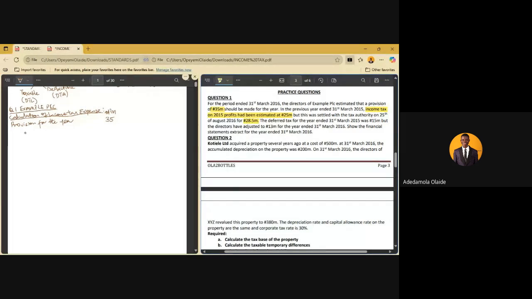That means they underprovided in the previous year. So we'll add under provision in previous year, that will be 28.5 minus 25, which gives us 3.5 million.